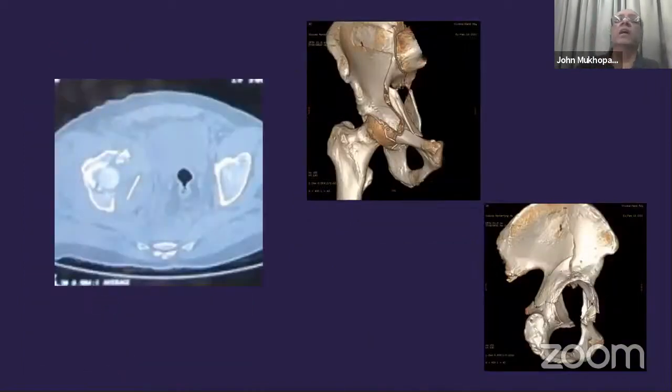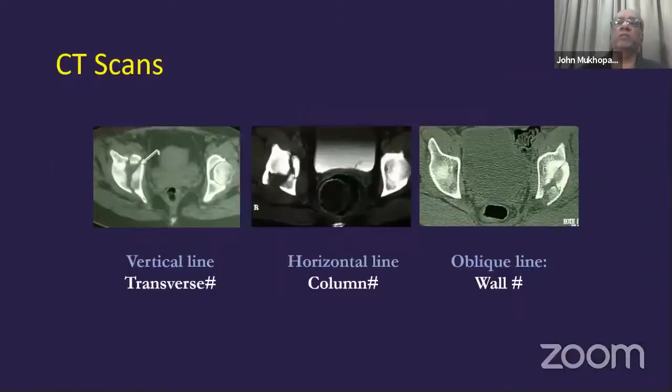So here's an example of that. This is the CT section at the level of the roof of the acetabulum, and you can see there's an anterior column fracture and a posterior transverse element to the fracture, so that it becomes an anterior column and posterior hemitransverse. Of course, we'll be going into more detail on the classification next week.